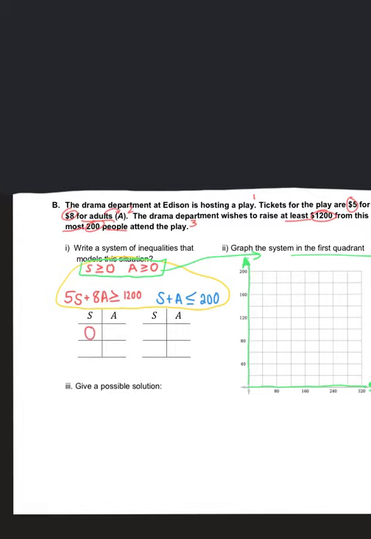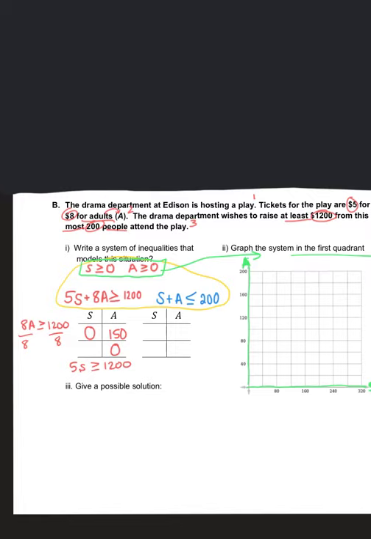If I plug 0 in for S, I'm left with 8A is greater than or equal to 1,200. And then I'm going to divide both sides by 8. 1,200 divided by 8 is 150. Now I'm going to plug 0 in for A, and I'm going to get 5S is greater than or equal to 1,200.